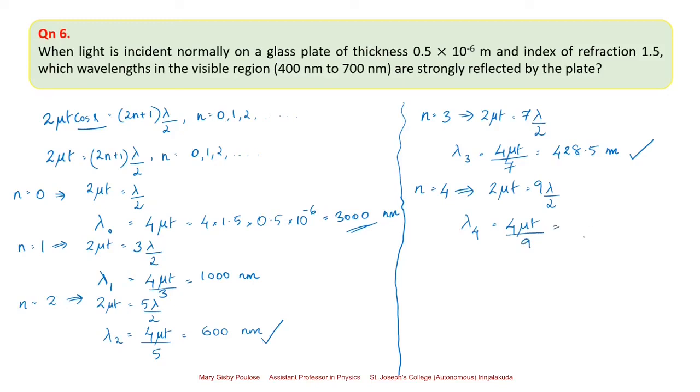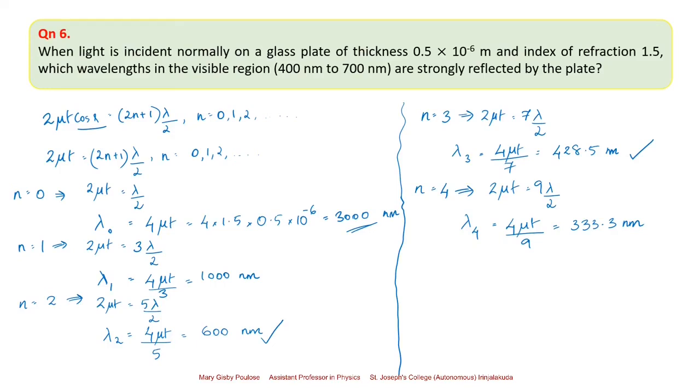You can do the calculations, you will get 333.3 nanometers. Now this does not fall in the region of visible light. If we continue for n equal to 5, 6, 7, again we will get wavelengths in the lower region. It will not fall in the visible light.